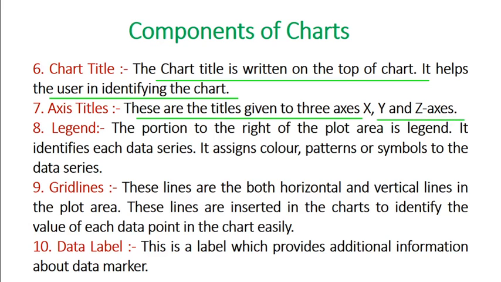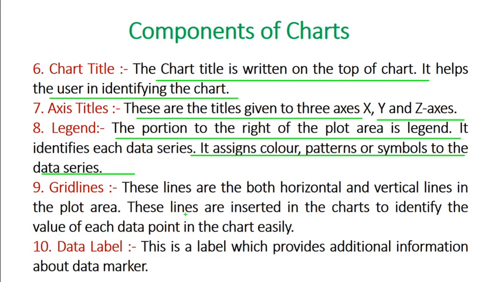Got it? Legend. What is it? The portion to the right of the plot is legend. It identifies each data series. It assigns colors, patterns or symbols to the data series. Good. Now the next component is the grid lines. These lines are both horizontal and vertical lines in the plot area.